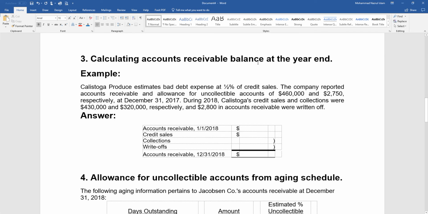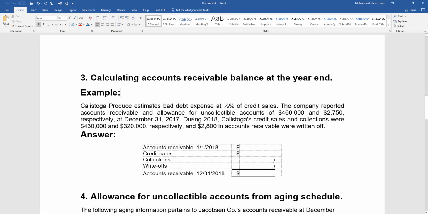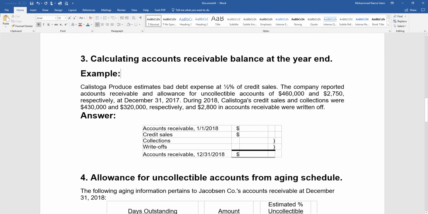Okay. And calculating accounts receivable balance at the year end. How do we calculate that one? Let's see an example. The company estimates bad debt expense at 0.5% of credit sales. The company reported accounts receivable and allowance for uncollectible accounts of $460,000 and $2,750 respectively at December 31st.